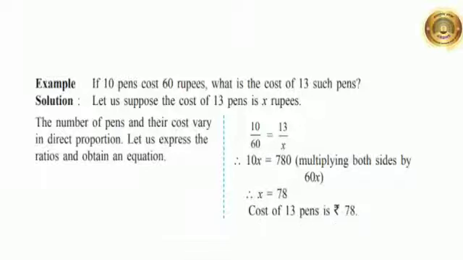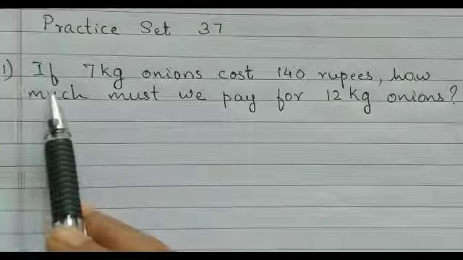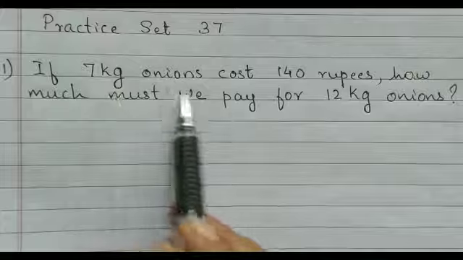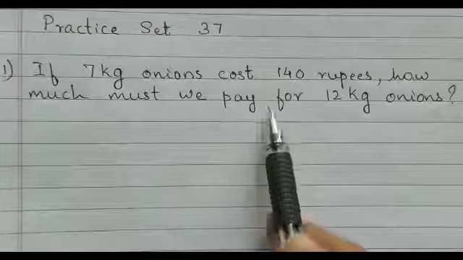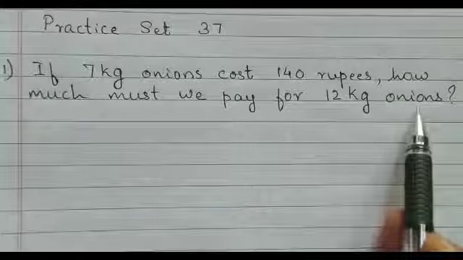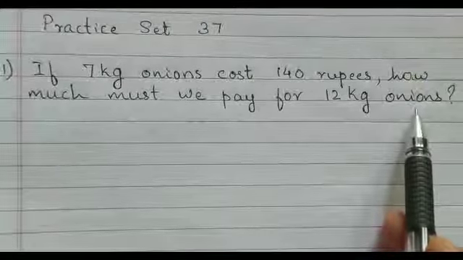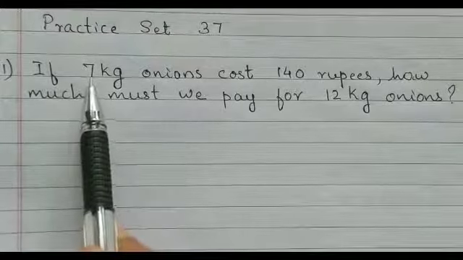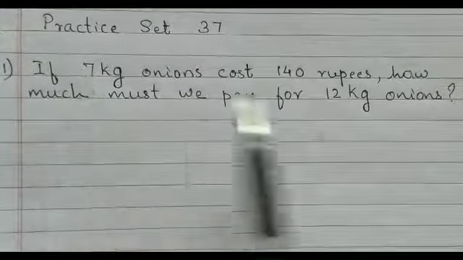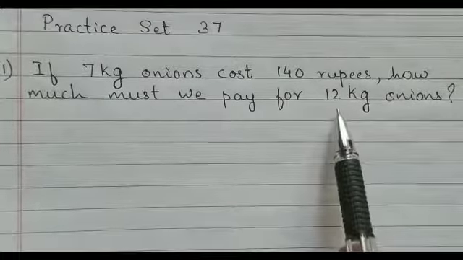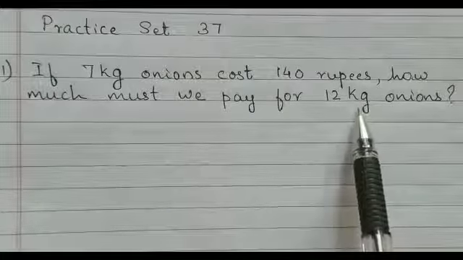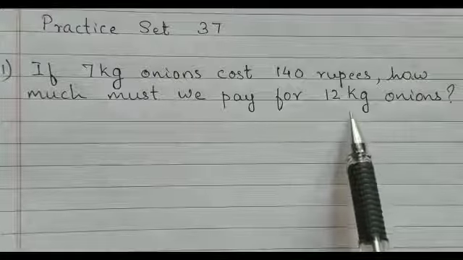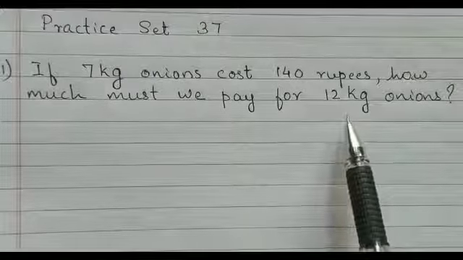Now let's solve practice set number 37. The first question, if 7 kg onions cost 140 rupees, how much must we pay for 12 kg onions? So here if you see, the weight of onions has increased from 7 kilos to 12 kilos. So when the weight has increased, the cost also will increase. So this is an example of direct proportion.